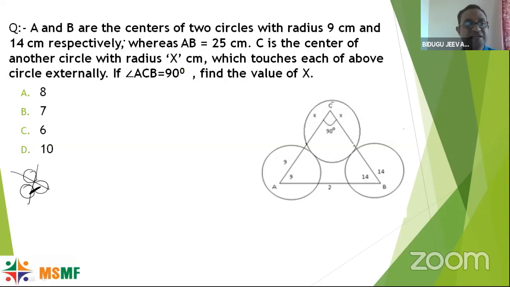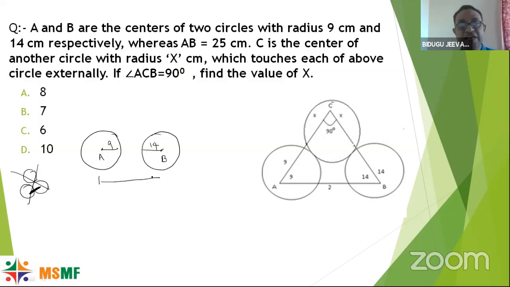A and B are centers of two circles with radius 9 and 14 respectively. Let us say this is A, 9, and B, this is 14, right. Whereas AB is 25.